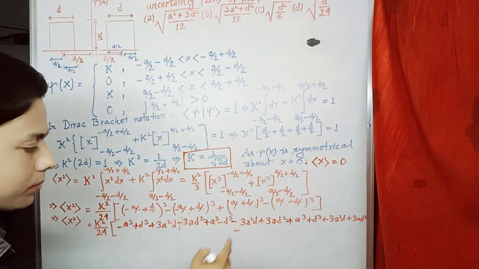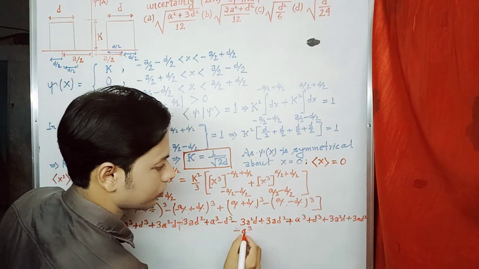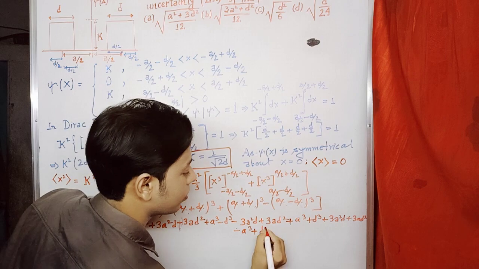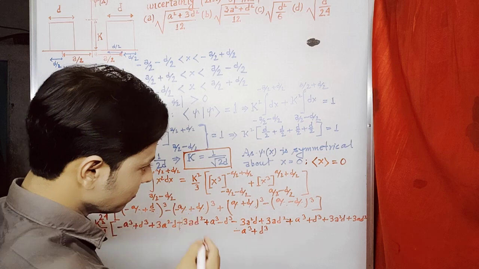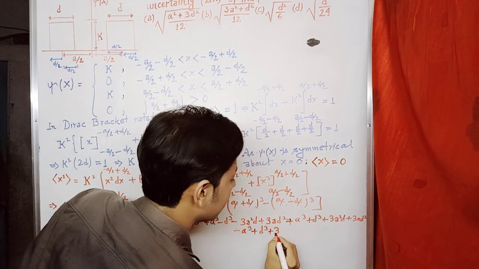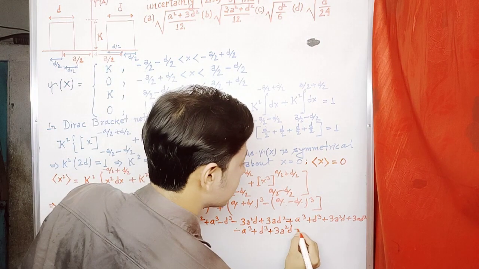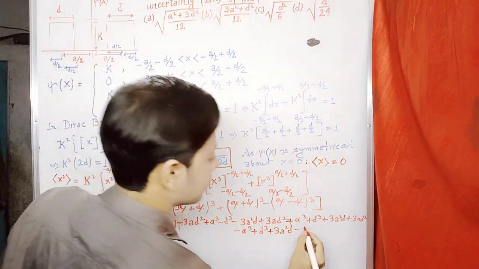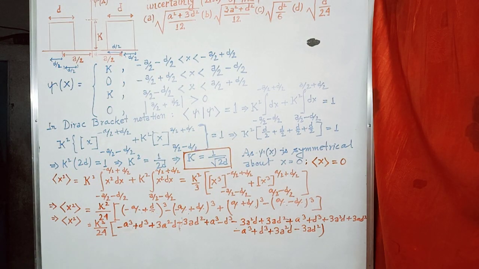If we expand this term, it will be minus a cube plus d cube plus 3 a square d minus 3 a d square. Now if we collect all these terms, then its value will be equal to k square divided by 12.